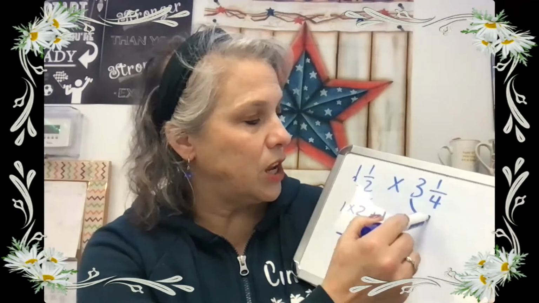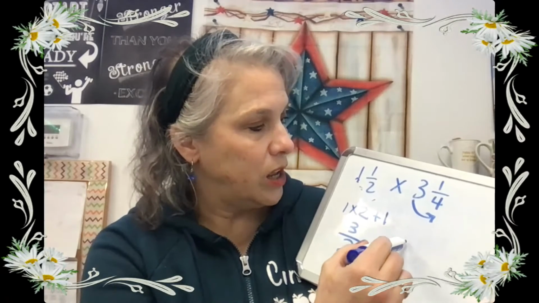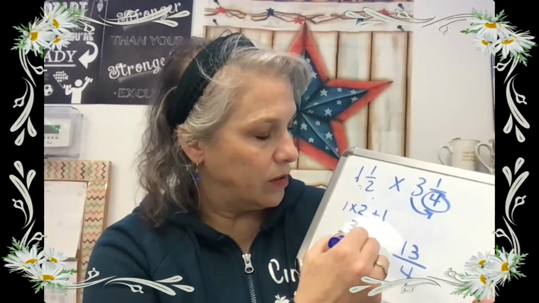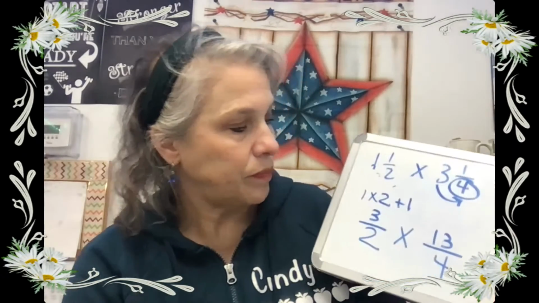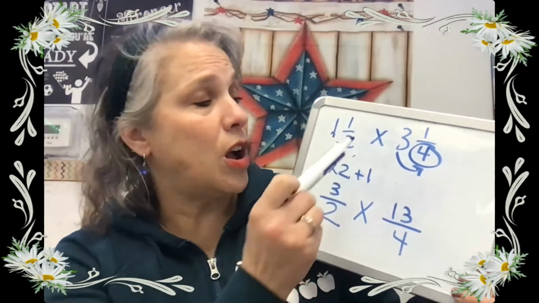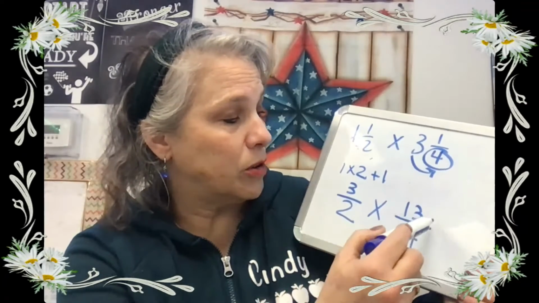And this is 3 times 4, which is 12, plus 1 is 13. And then keep the denominator the same. And this is multiplication. Okay, so I have to change from mixed number to improper, and then I can multiply across.